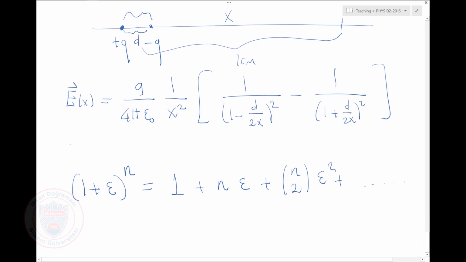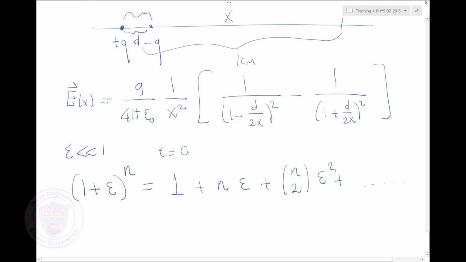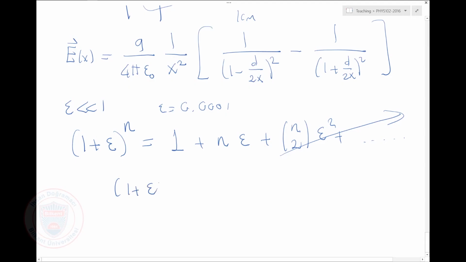Now, if epsilon is much, much less than 1, for example, let's say epsilon is 0.0001, which term is more important, epsilon term or epsilon squared term? Epsilon squared and all the rest are extremely small. So if I have a very small number, (1 plus epsilon) to the n is almost 1 plus n epsilon.